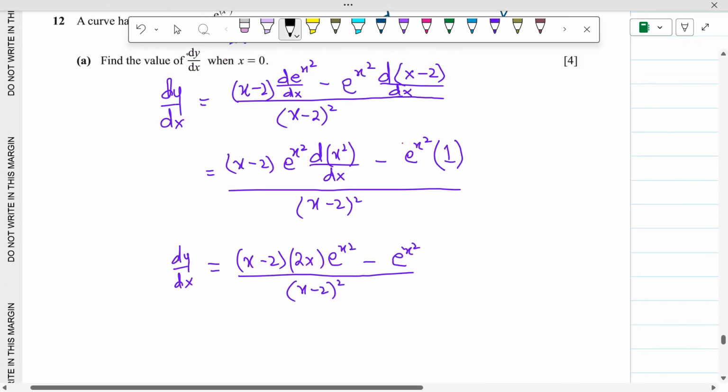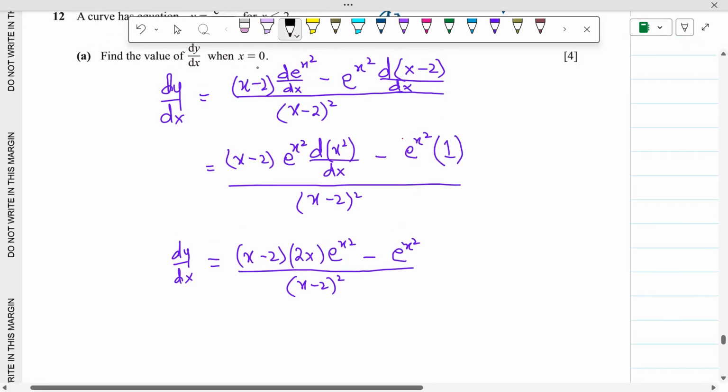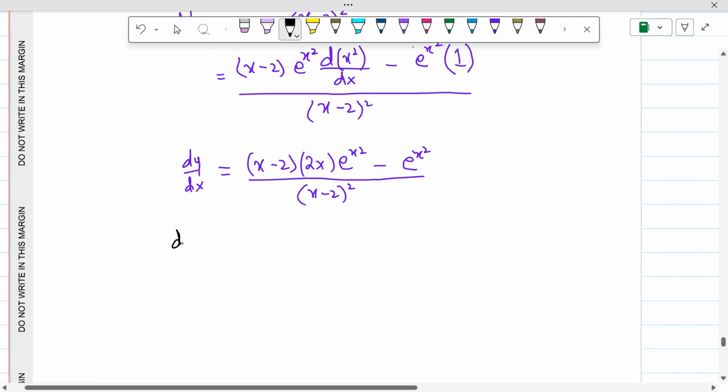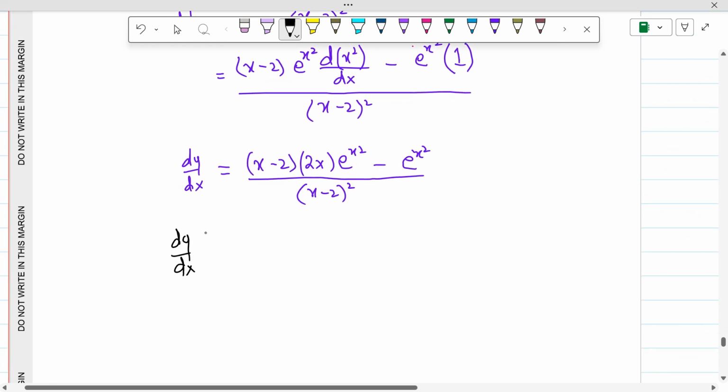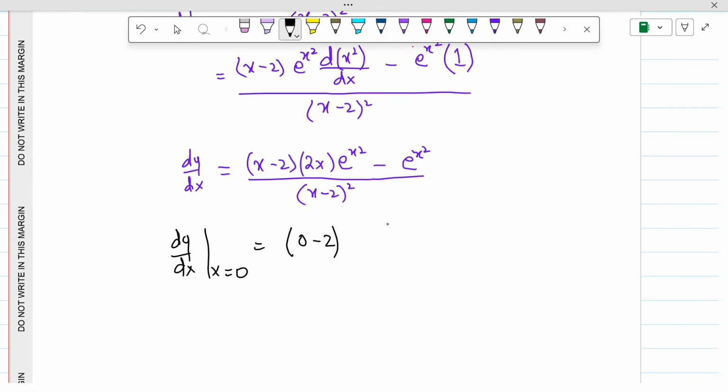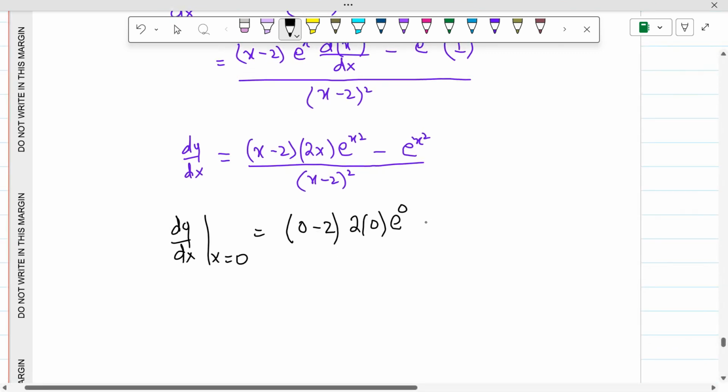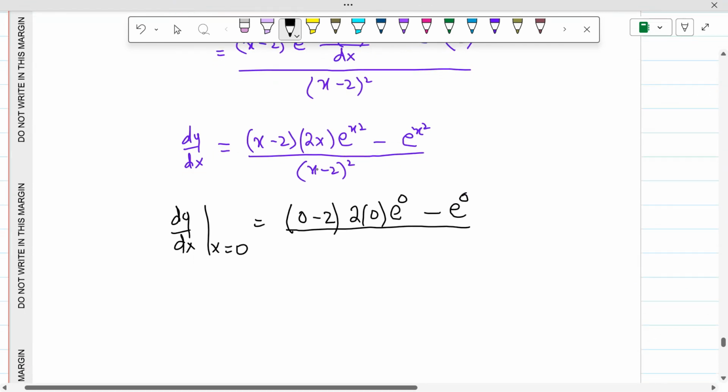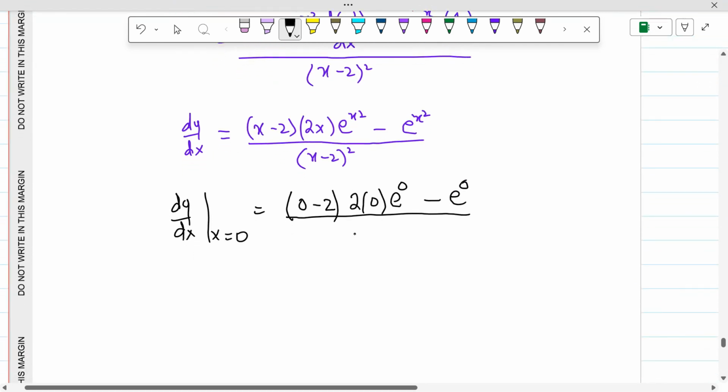Now we need to find the value of dy over dx when x is equal to 0. So plugging in the value x equal to 0, this one is equal to 0 minus 2, times 2 times 0, exponential of 0, minus exponential of 0, over 0 minus 2 whole square.